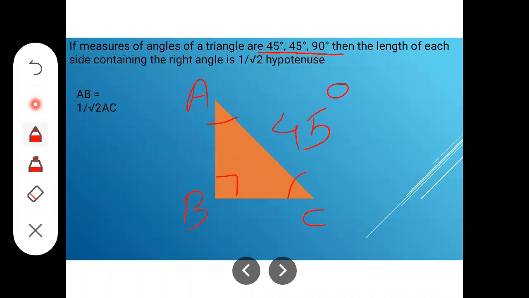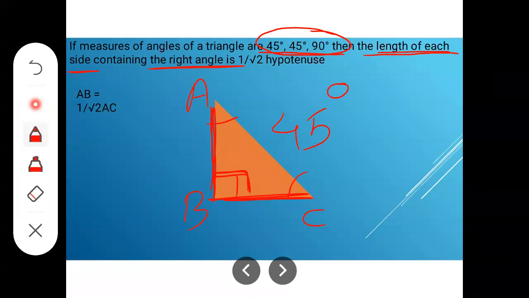Now in this type of triangle, 45-45-90, the length of each side containing the right angle. Containing the right angle means which two sides form the 90 degree angle. This 90 degree angle forms due to side AB and side BC.